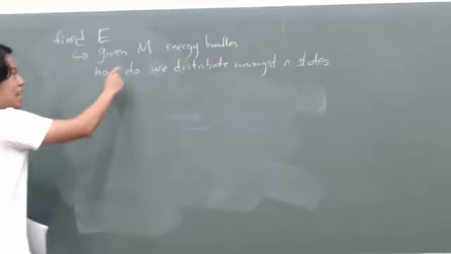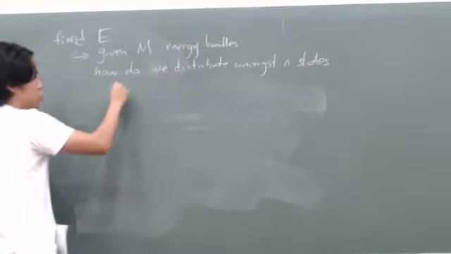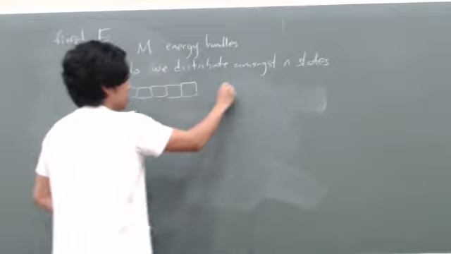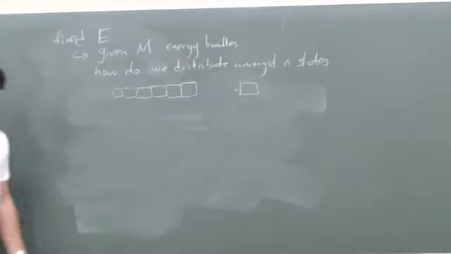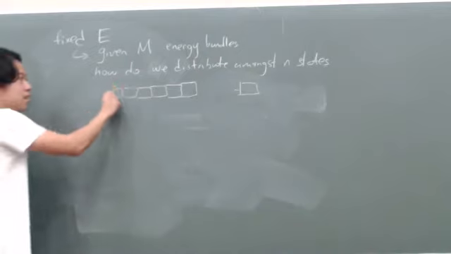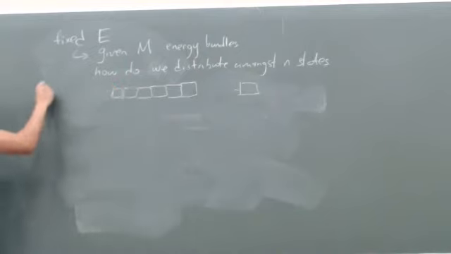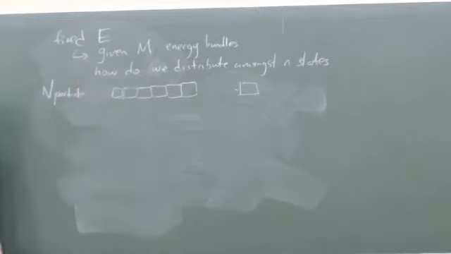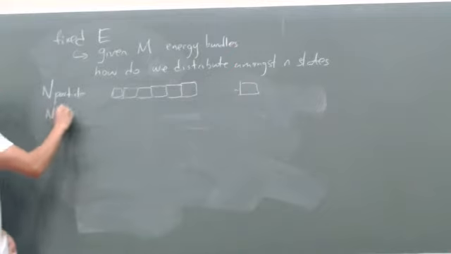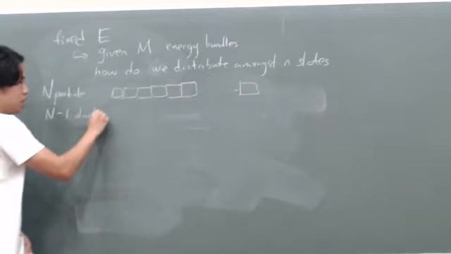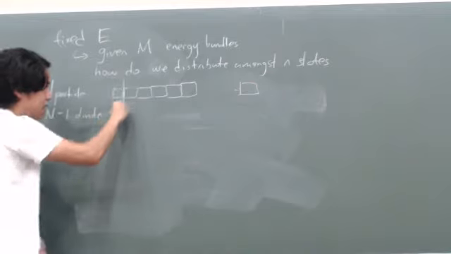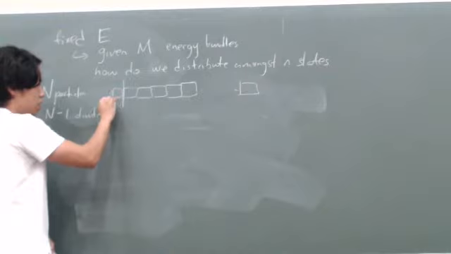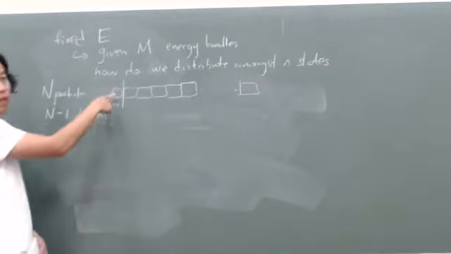So if you think about M quantized energy bundles, I've got 1, 2, 3, 4, 5, 6, dot dot, to the Mth one, all these energy bundles. And then I have N particles that each need to hold some of these bundles. So then you can think about it as N minus 1 dividers. If I divide it here, then this first particle gets 1 bundle. So i equals 1 particle gets 1 bundle of energy.